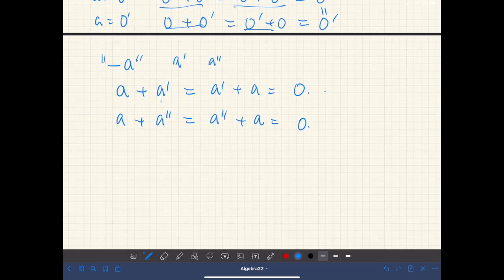Okay, so we have this. That means A prime is equal to A prime plus 0. Adding 0 doesn't change A prime, so we can use this equation. But 0, according to this, is equal to, let's say, A plus A double prime.